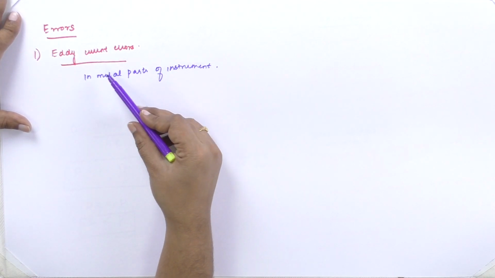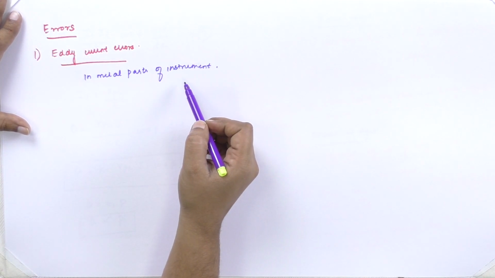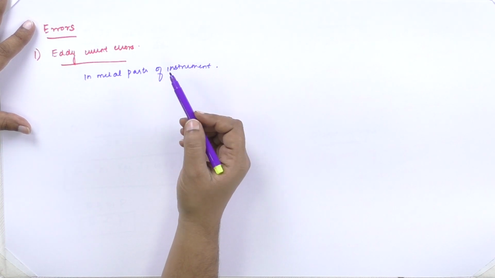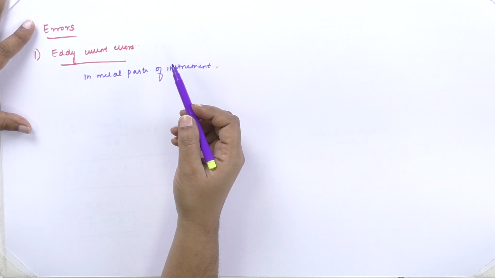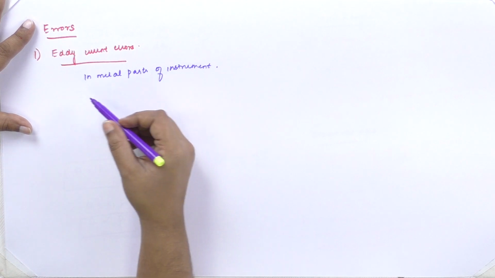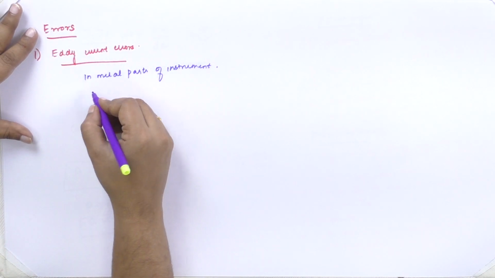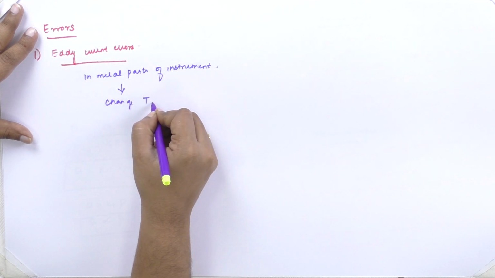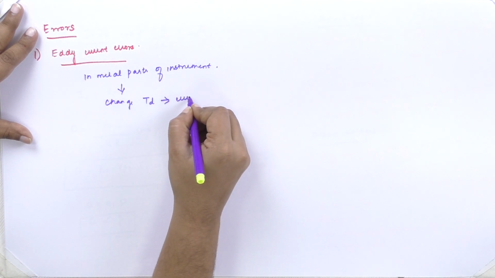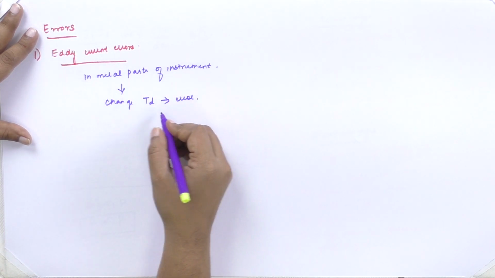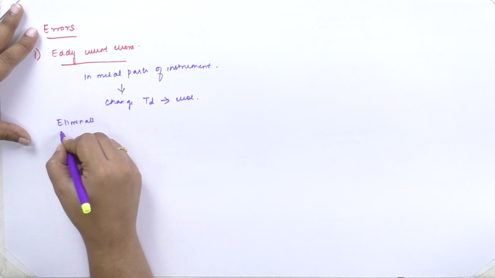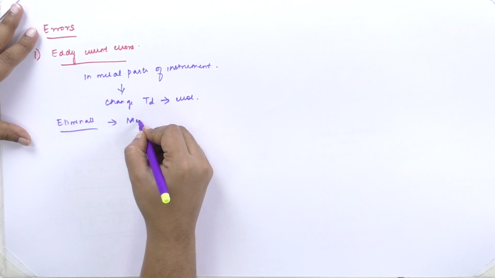This eddy current will interact with the instrument current and change the deflection torque, which causes errors in the measurement.